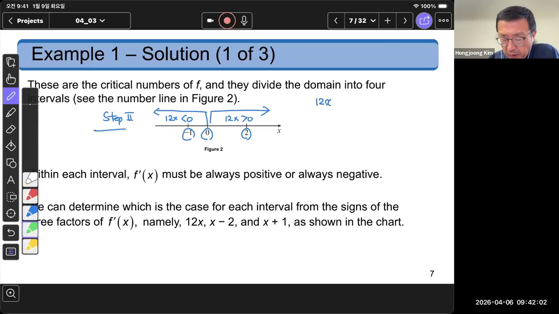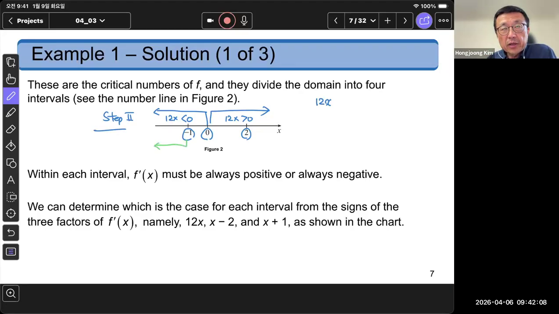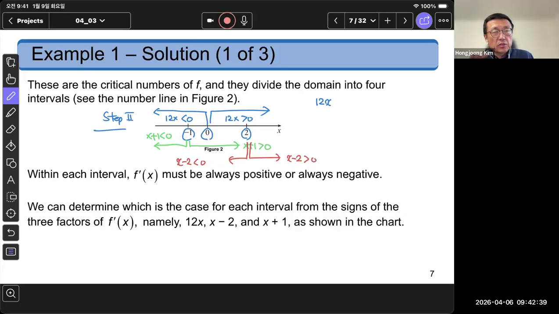At negative 1, to the left of negative 1, x plus 1 will be negative, and to the right, x plus 1 will be positive. And at 2, to the left of 2, x minus 2 is negative, and to the right, x minus 2 is positive. So we have these 3 situations. Each term behaves a little bit differently.